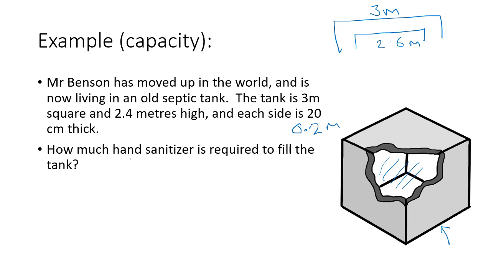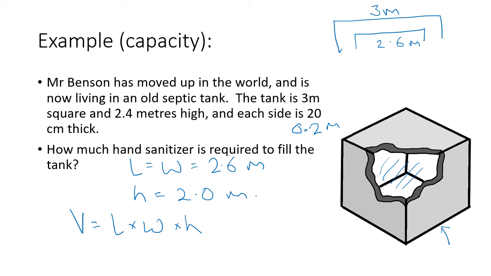So what this means is that our length, which equals our width, would be 2.6 meters, and our height, which is also going to be reduced by 0.2 meters, would be down to 2.0 meters. And so then our volume is just given by length times width times height.